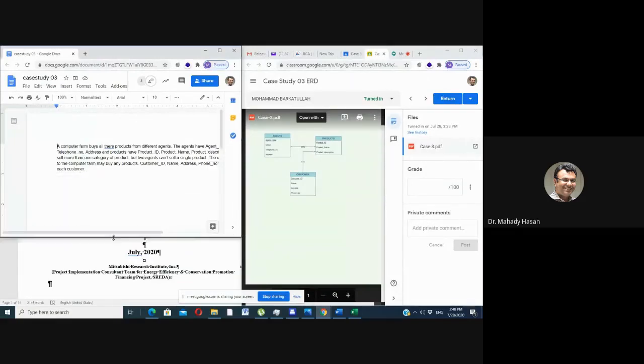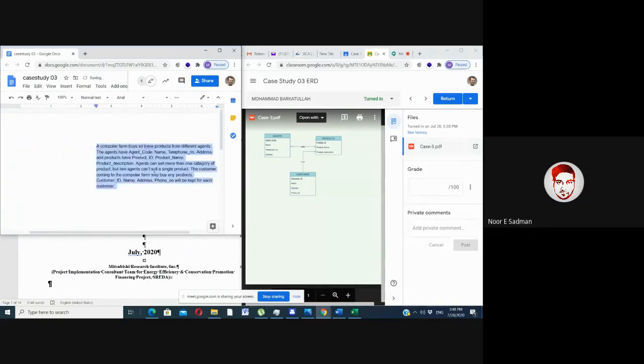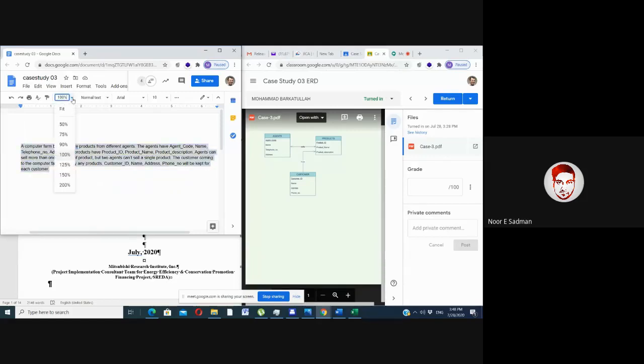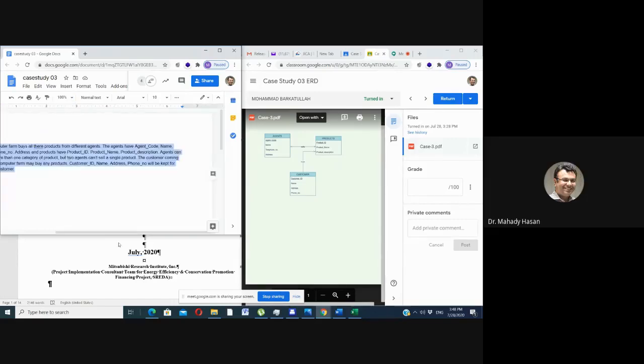So can you see this part? I believe you can, right? Yes, sir. I think it should be on 100%, but the font size should be increased.